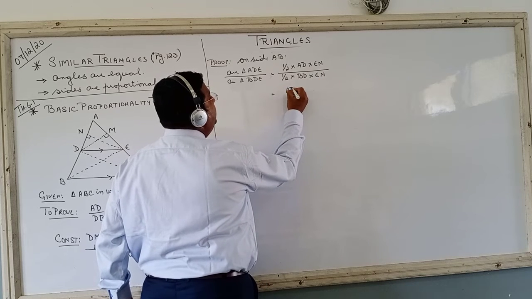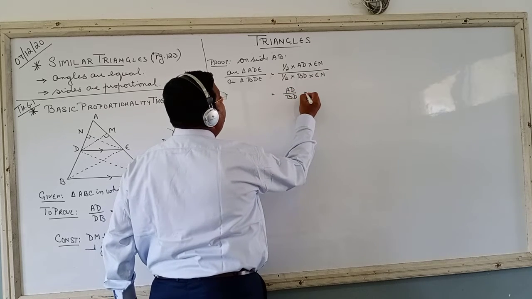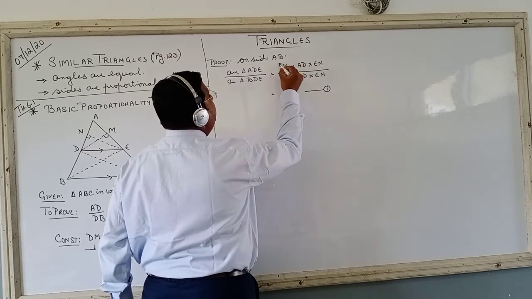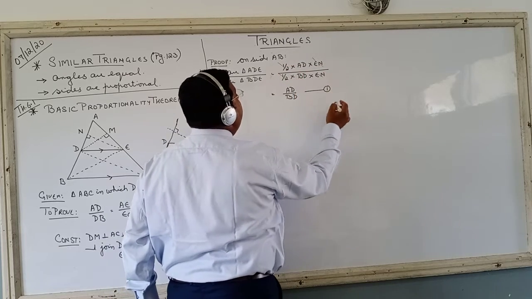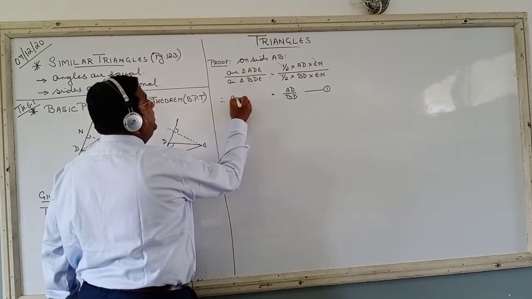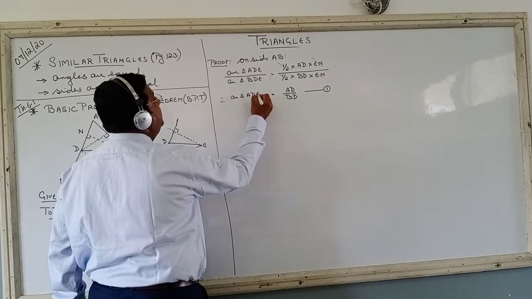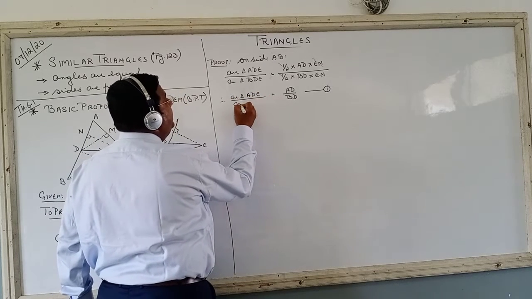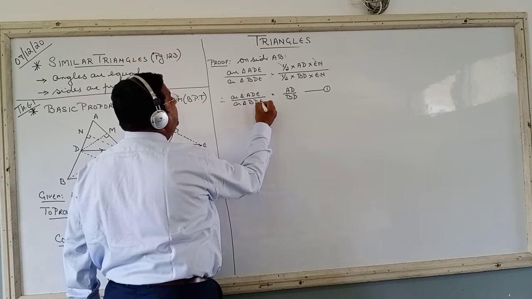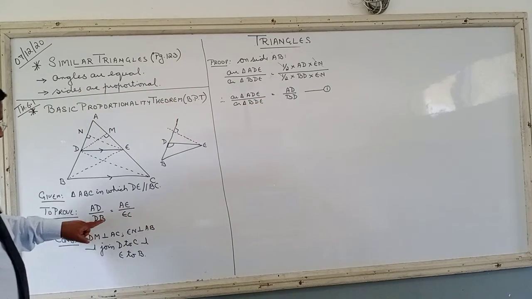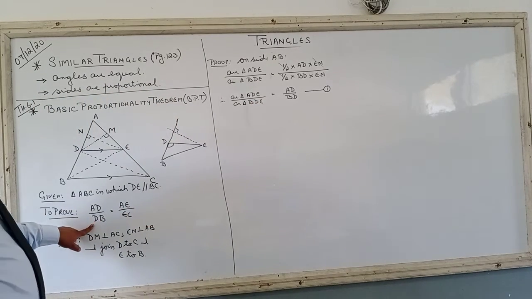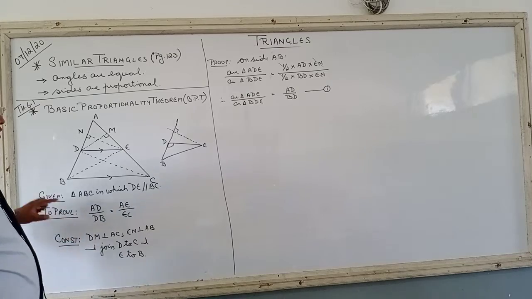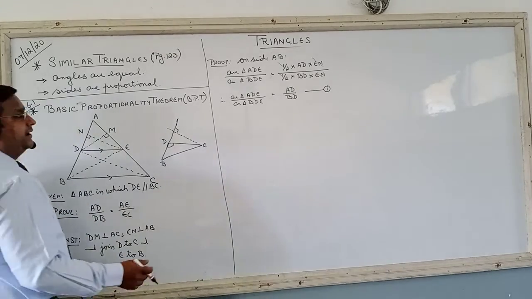What will be left? AD upon BD. Equation number first. Half and half cancel, EN and EN cancel. What will be left? Area of triangle ADE upon area of triangle BDE. This is what was required. BD we call it or DEB we call it. It does not make any difference.